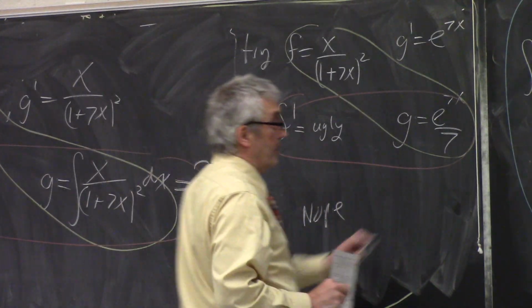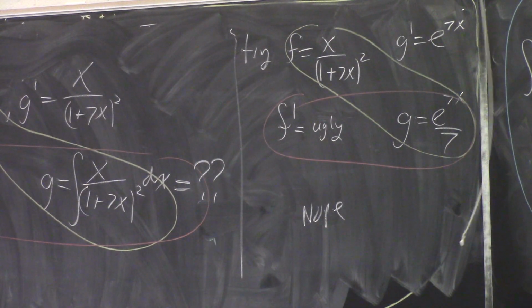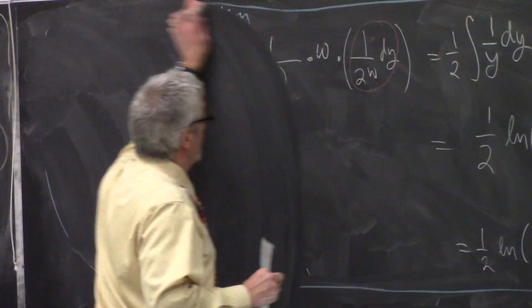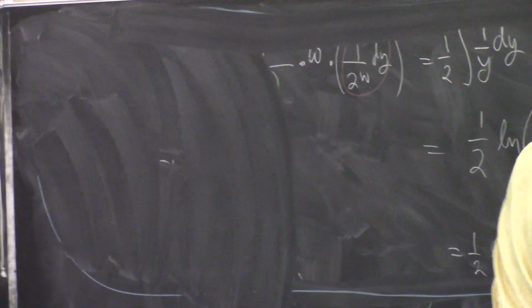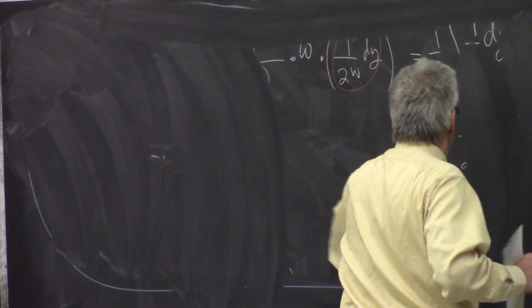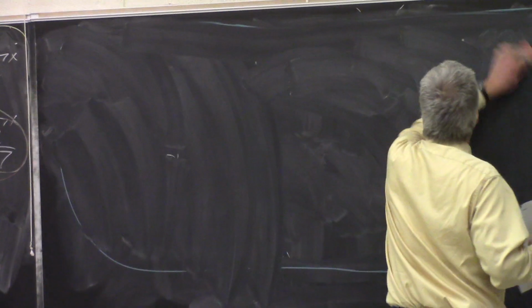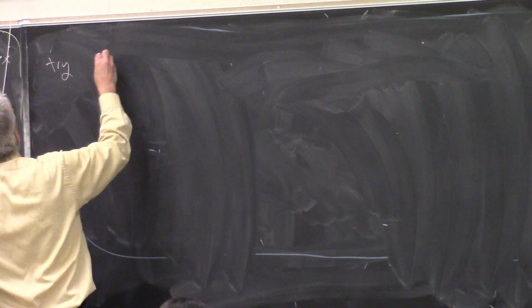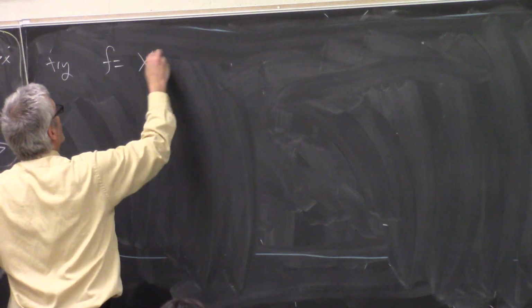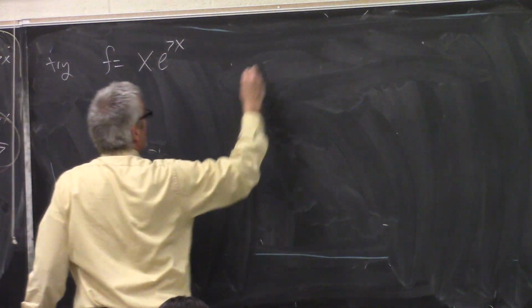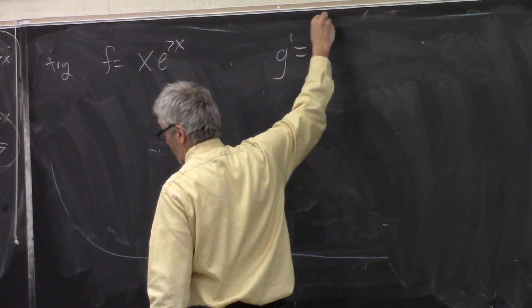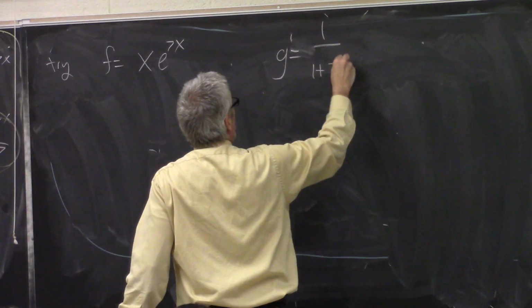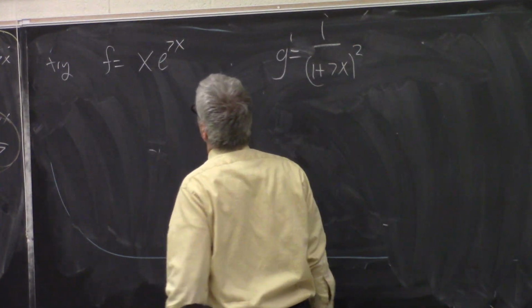Well, there's a really cool thing here. Let's try f equaling x e to the 7x, and let's try g prime equaling 1 over (1 plus 7x) squared.